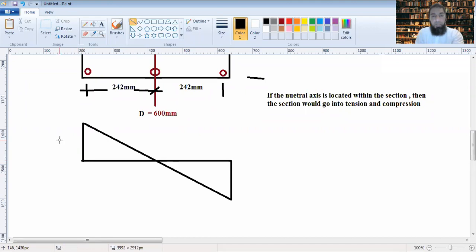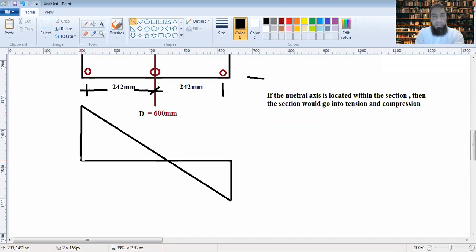If I'm assuming that there is a point xu which is shifted away, somewhat like this, shifted away from the center where the neutral axis is located, then this point would be the neutral axis point, if the neutral axis is shifted away from the center.